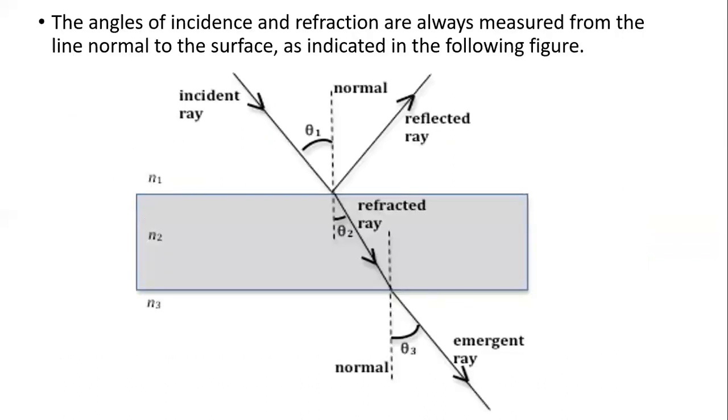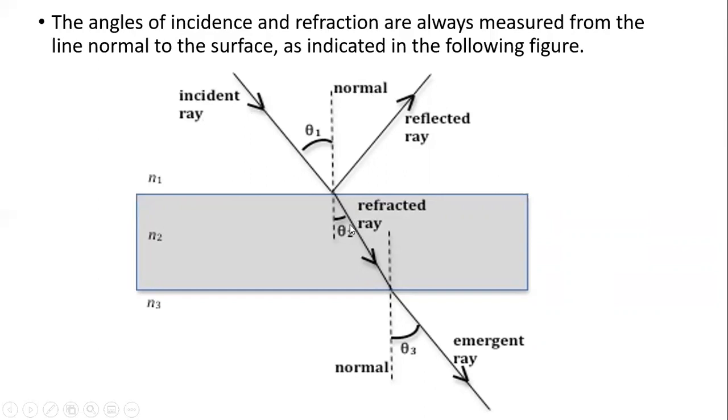Okay, so look at here. This is the incident ray. For this, you can use laser light, and this is a normal line which is perpendicular to the surface of this glass slab, right? The angle between the normal and the incident ray, which is called theta 1, is the angle of incidence. That's what you have to measure.